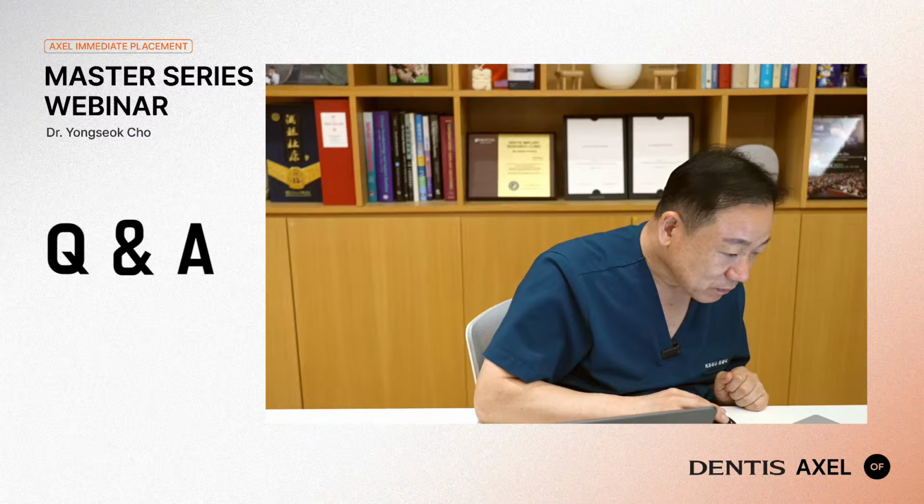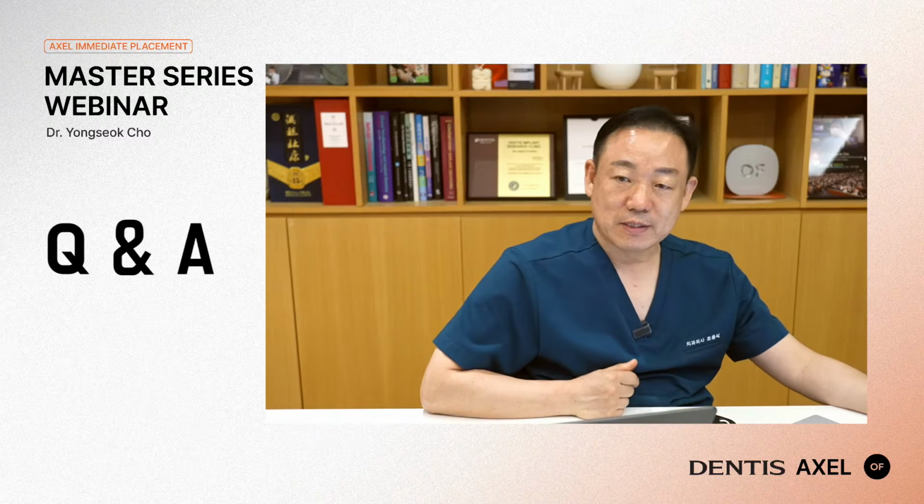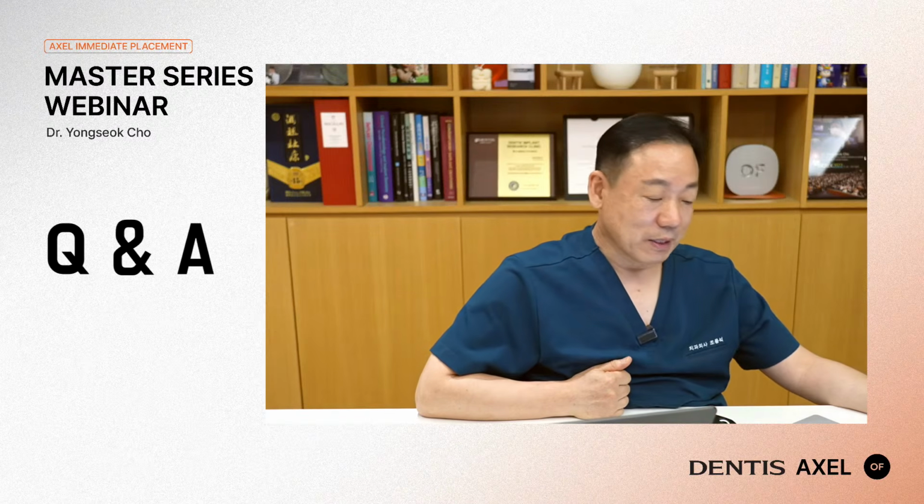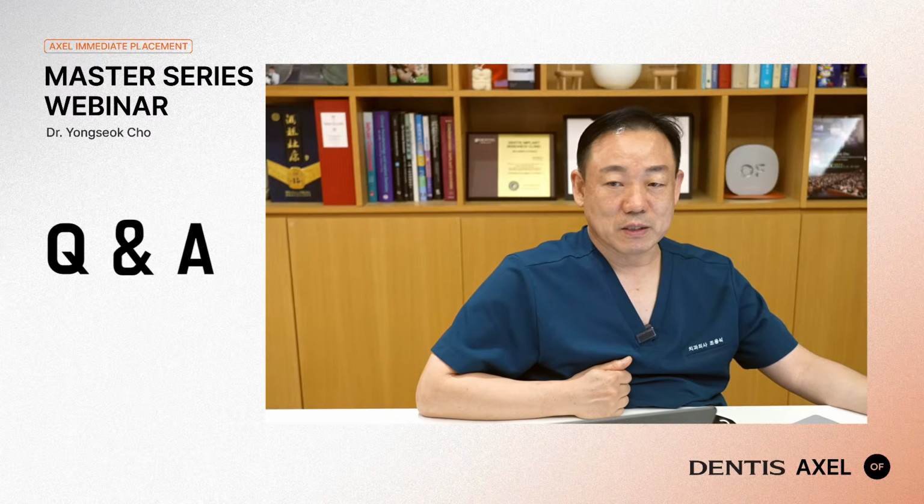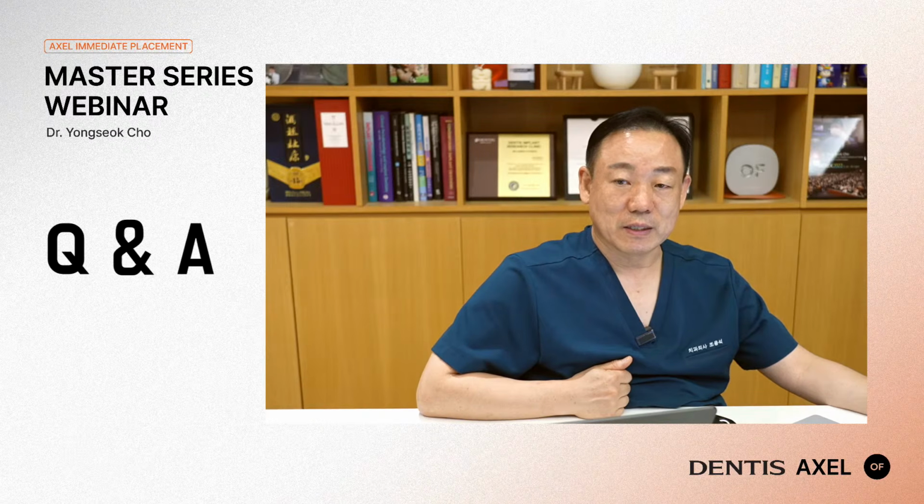Another question. I placed a 7.5 millimeter short implant after using a long drill. As a result, the depth was 16 millimeter. Then, is it difficult to get primary stability using such a short implant? Yes, that's true.